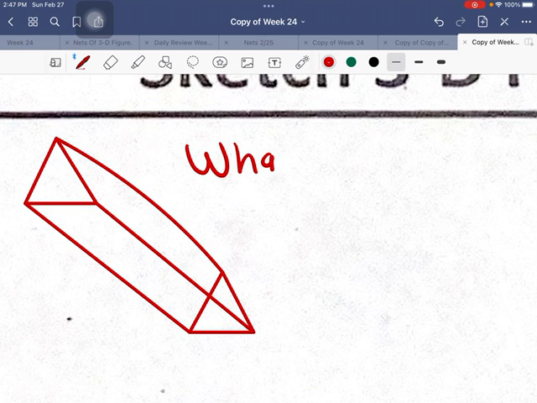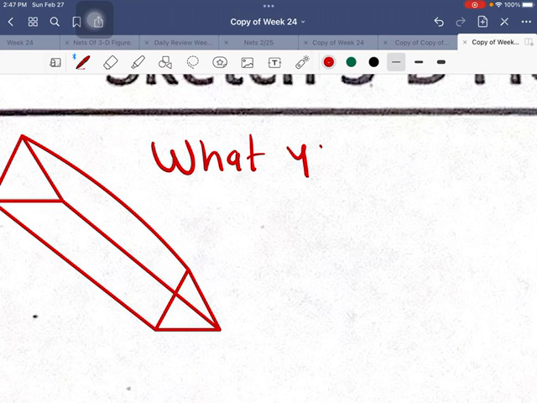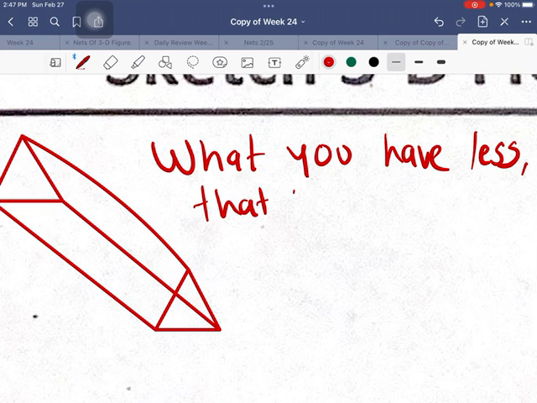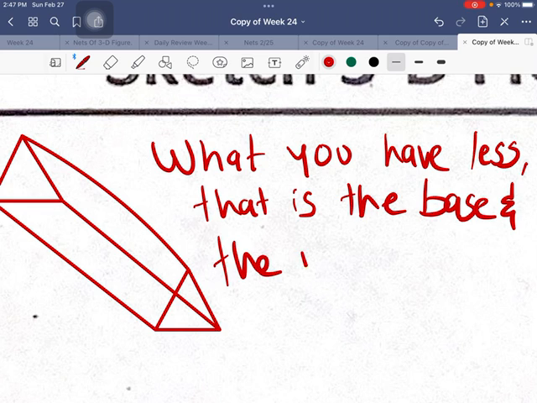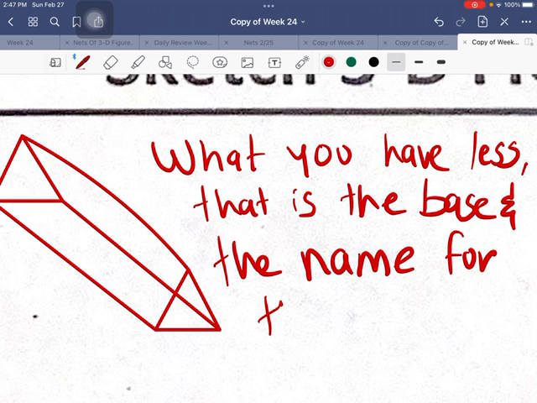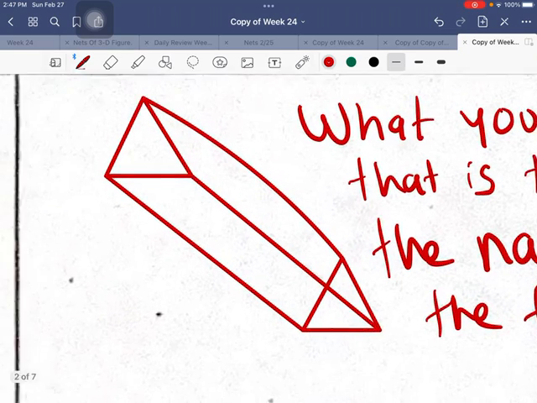what you have less of, the shape that you have less of, that is the base and the name for the figure. So what do you have less of?